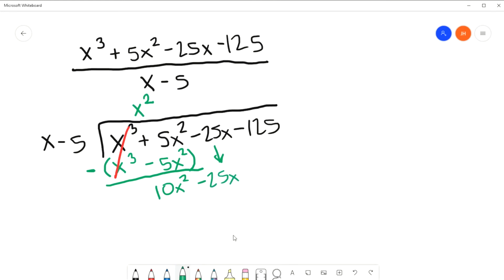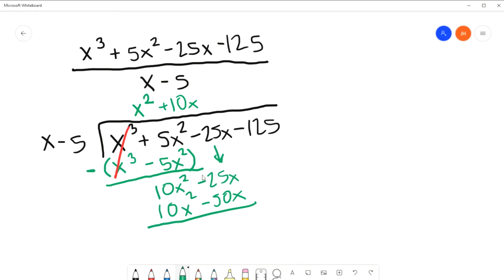Okay. Let's look at the next one. What do I need to multiply x by to get 10x squared? I need to multiply x by 10x to equal 10x squared. So I get plus 10x. And then I multiply it back and subtract just like I did previously. 10x times x is 10x squared. 10x times minus 5 is minus 50x.